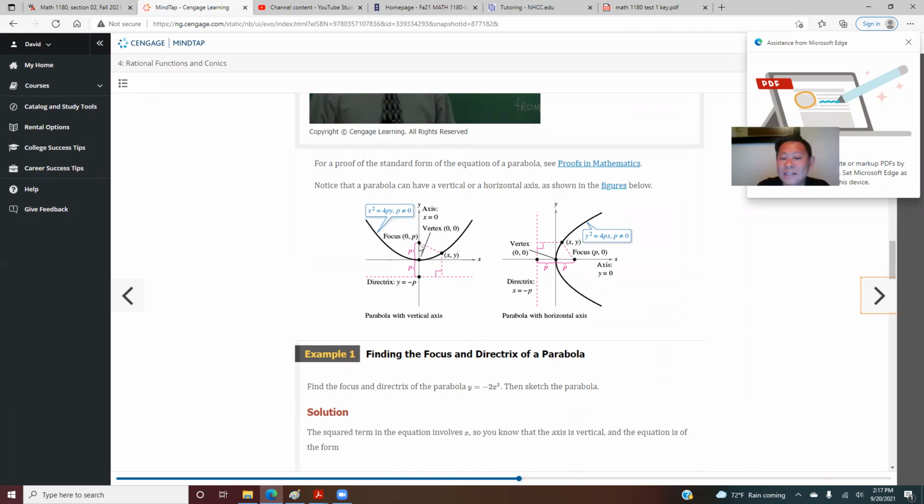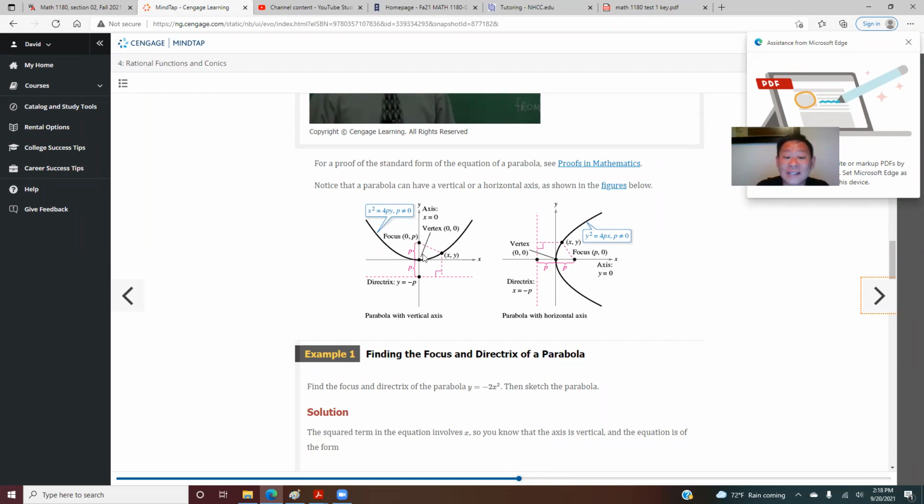Let's say the distance is p. So your directrix is y equals negative p here. The reason it's y equals is because this line is a horizontal line, like a horizontal asymptote is y equals. And the reason it's negative is because it is below your x-axis, so these are all negative values. And your focus is 0, p because it's above that, so your p here is positive. It opens outwards. Okay.